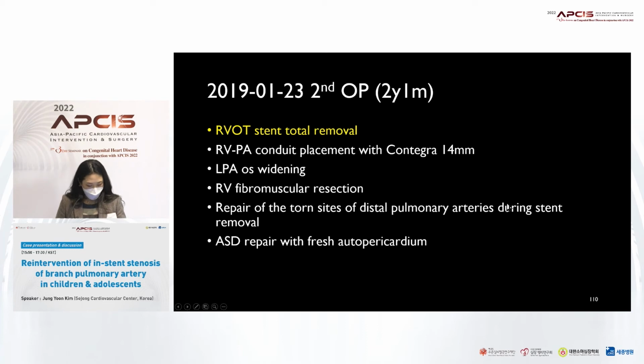So he underwent RVOT stent total removal and LPA os widening, and an RV to PA conduit using a Contegra 14 millimeter, at the age of 2 years.